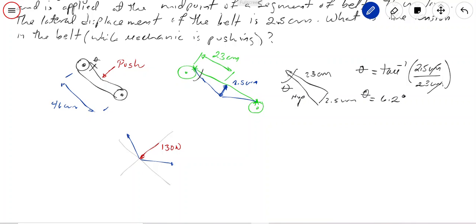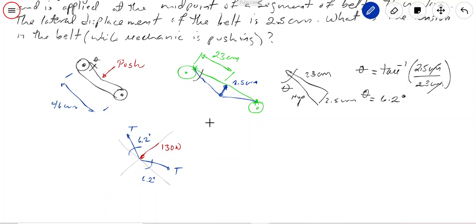Let me raise this tension here to represent it with more or less the same angle. They have exactly the same angle. So we have the tension here. And we know that this angle is 6.2 degrees, and this angle is 6.2 degrees.